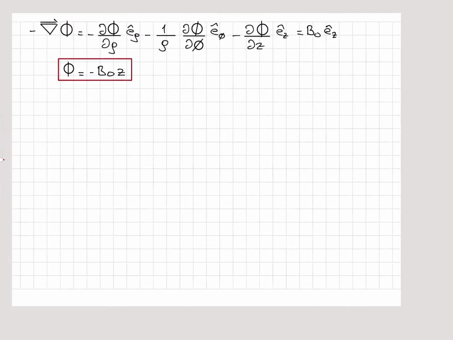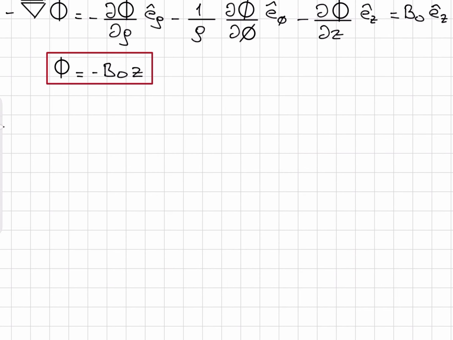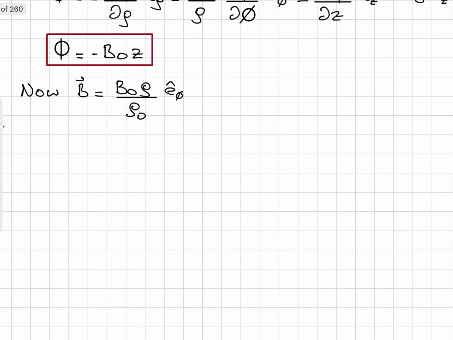Now, looking at the second part of the problem, I'm looking at the magnetic field due to a uniform wire. This can be written as B0 rho divided by rho 0 in the e phi hat direction. And I was told that it cannot be written as a minus gradient phi.